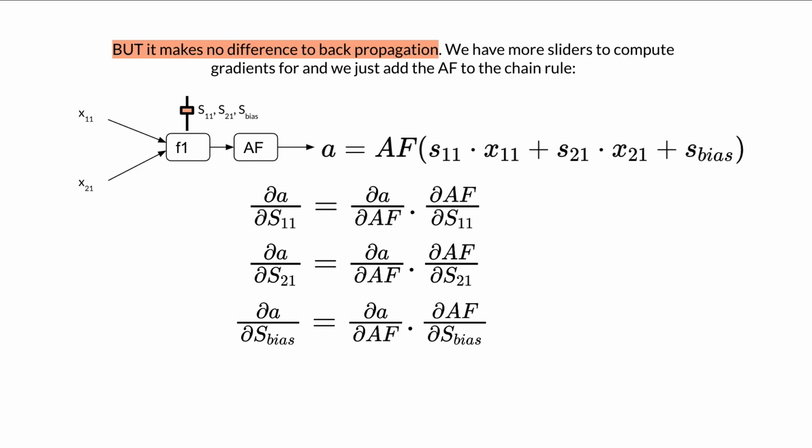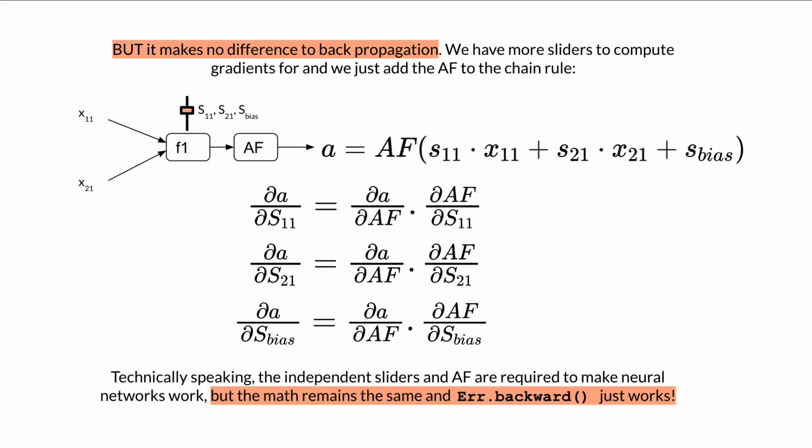So this is just more algebra, and these independent sliders and the activation function are required to make the neural network actually do something useful, this universal function approximation. But the math in terms of the algebra, the chain rule, and the backpropagation is the same, and so the error dot backward method still works. It's the same, it just works.